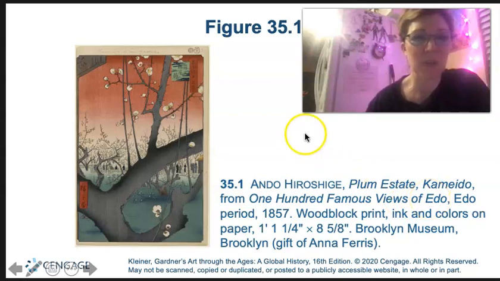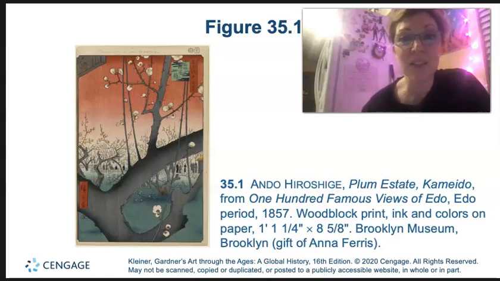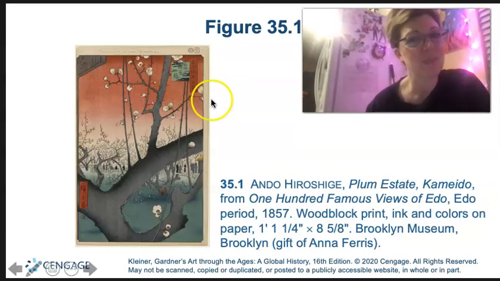I think it's beautiful. I love the colors. So Ando Hiroshige, the artist who designed the woodblock print Plum Estate, Kamido, which inspired the European painter Vincent van Gogh with its coloration and abstract quality. How about that? I just love that.